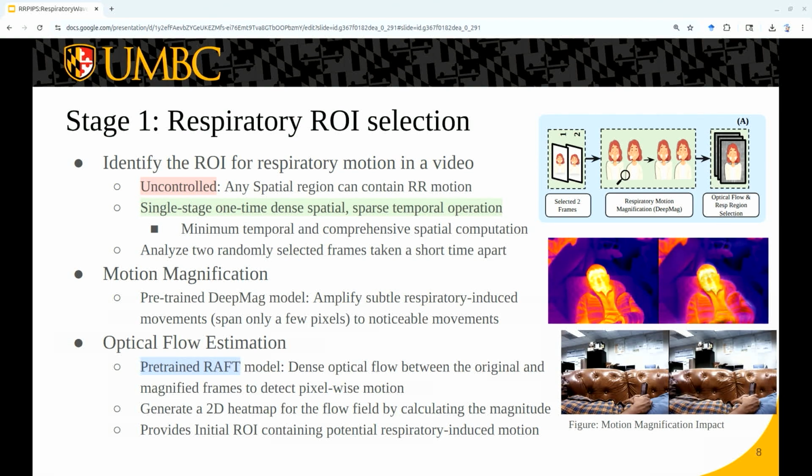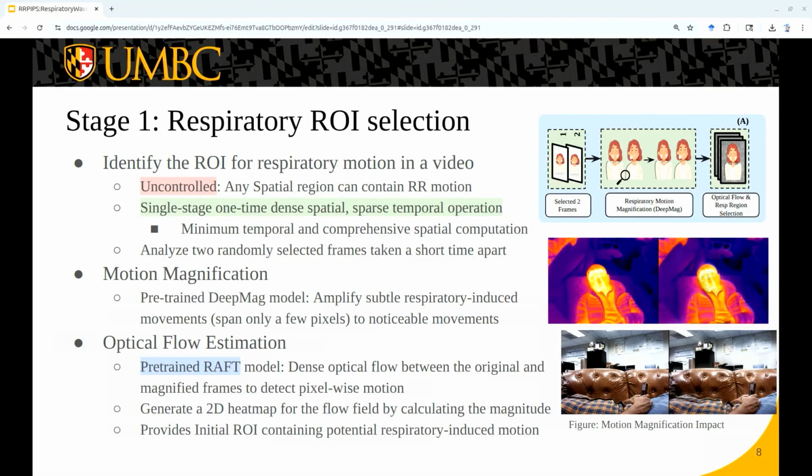Stage 1 efficiently localizes the respiratory motion in a video, where we do not know where the motion is happening. We call it uncontrolled motion in video frames. Firstly, a pre-trained deep magnification model amplifies the subtle respiratory motion to detectable levels. This reveals hidden oscillation without altering the temporal pattern.